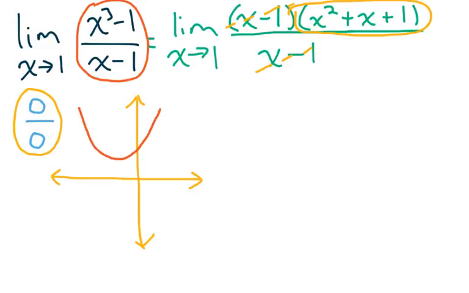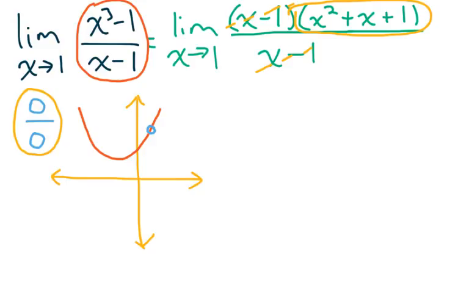It's going to look like x squared plus x plus 1, because most of the time, the x minus 1 in the numerator and the denominator don't really make a difference. Where they do make a difference is when x equals 1. When x equals 1, we get a little hole in the graph, and remember we call that a removable discontinuity. Once we know what the limit of this function is as x approaches 1, then we will know where exactly that hole is.